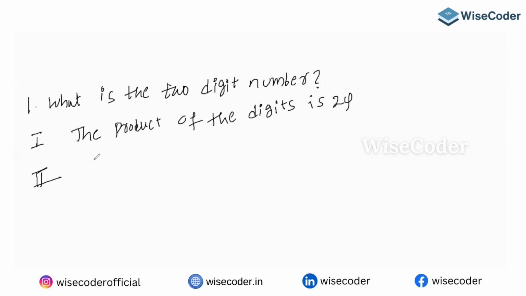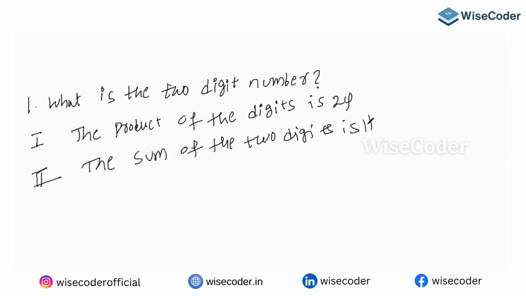Next, the sum of the two digits is 11. Okay, the sum of the two digits is what, guys? 11.